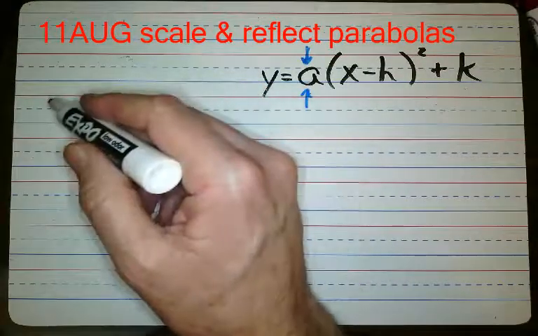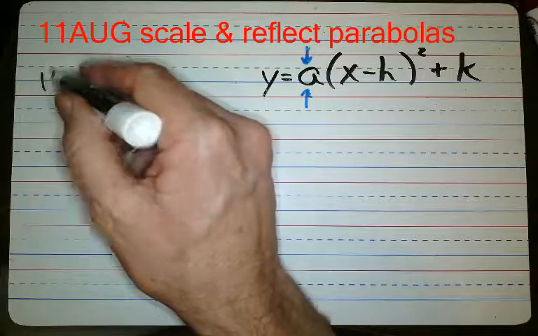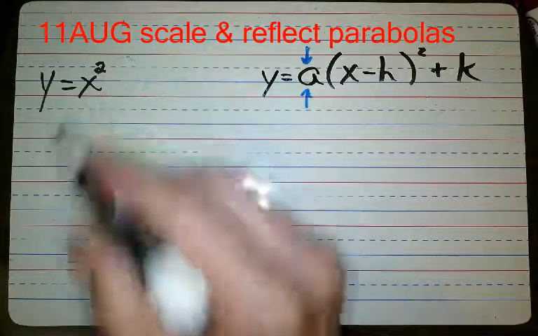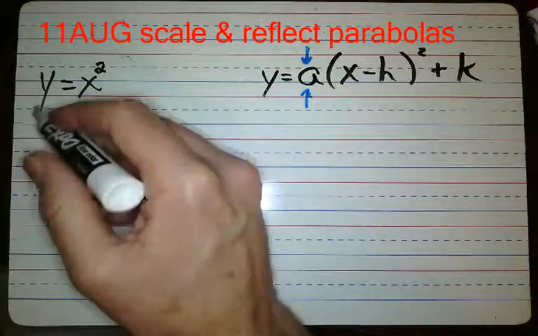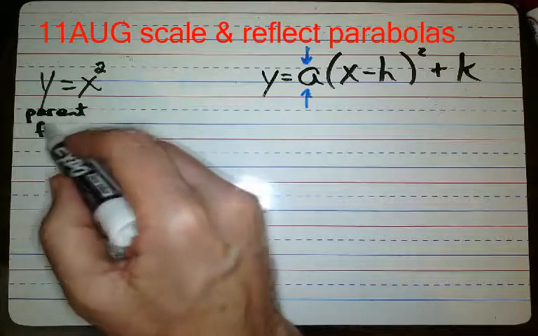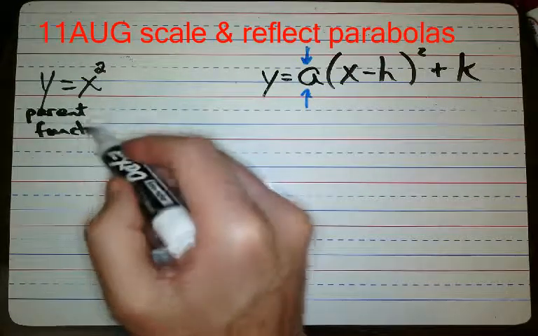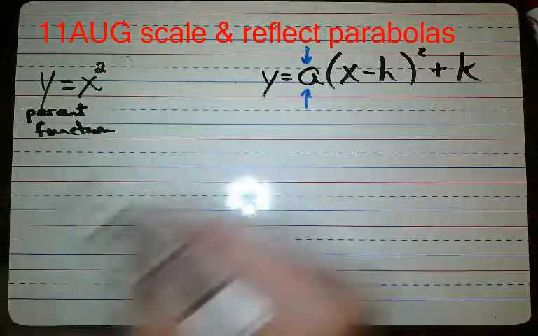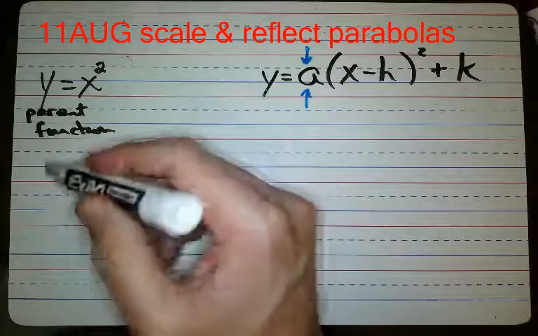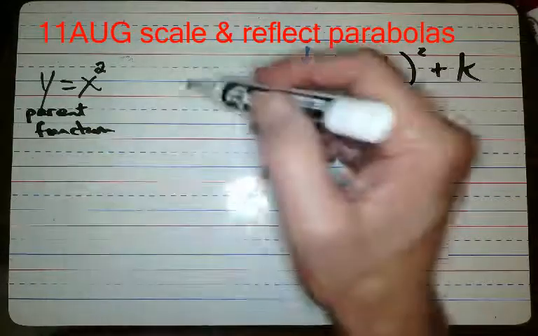We're going to start, remember, by always comparing to the base graph. Some people call it the parent function. On the other videos I said base graph, so we'll call it a parent function today. Remember what this one looks like.